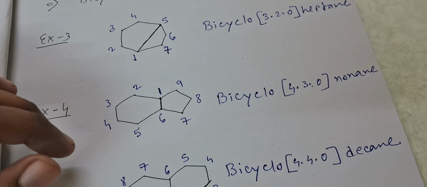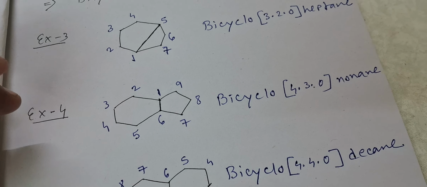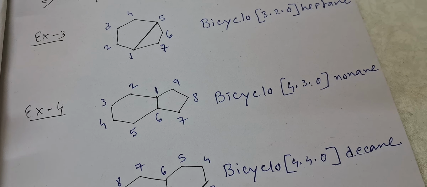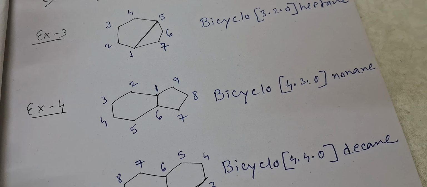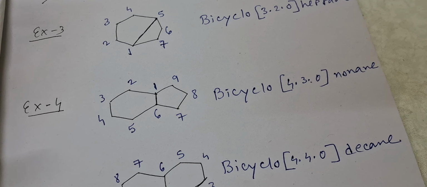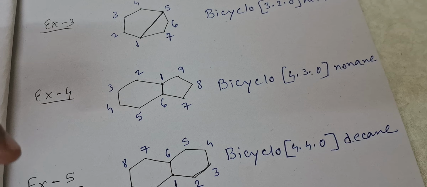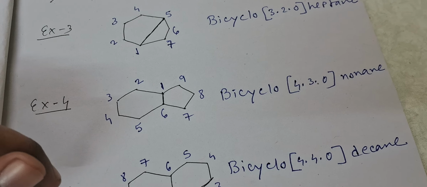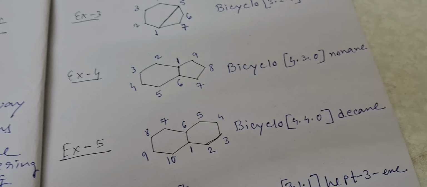You need to notice that the side which contains the higher number of atoms between the bridgehead centers gets first priority, and from that side you need to start your numbering. So this is your approach.